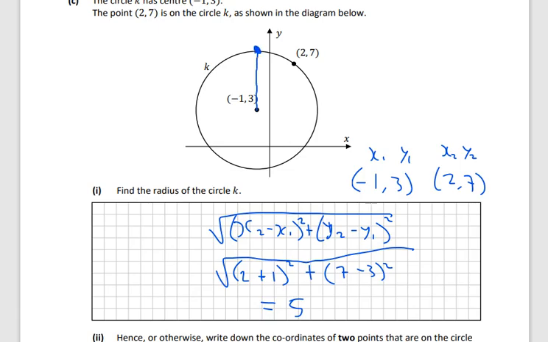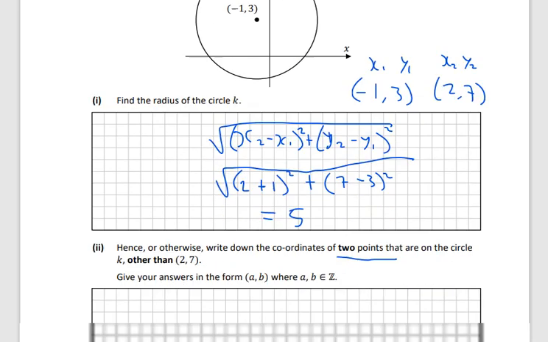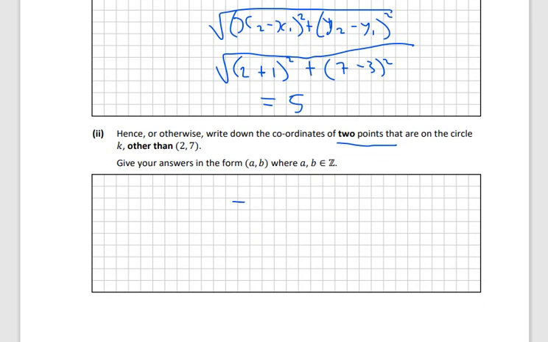So if the center is (-1, 3) and you go up 5, well, that has to be (-1, 8), because we're just going up. So it's still going to be -1, and then instead of going up to 3, we're going up to 8, an extra 5. So it's the y coordinate that changes, that goes up by 5. So (-1, 8) would be a point.